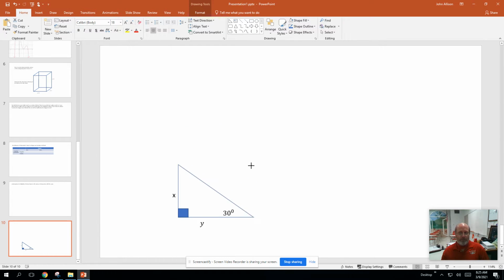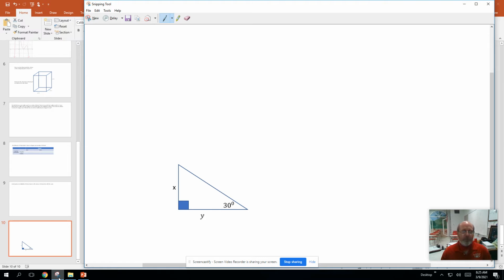And so we can write a function for this triangle of y in terms of x. And we start by writing a ratio where we have the tangent of 30 equals x over y. And then we're going to solve that function for y.